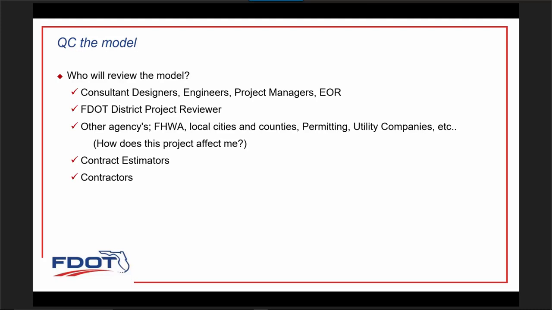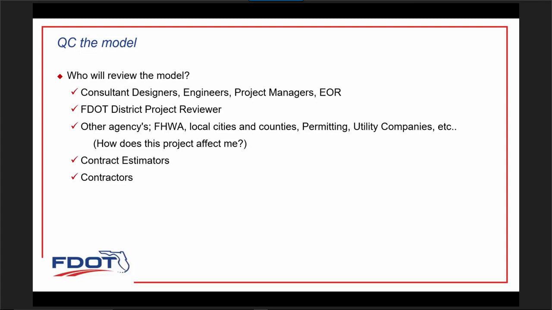The district project reviewers, we foresee that they'll want to look at the models, so they'll need to have certain tools to be able to do that. Other agencies in the future, or even currently, FHWA, anybody who's currently reviewing a set of plans at a delivery stage is going to want to probably start taking a look at the model along with the plans.